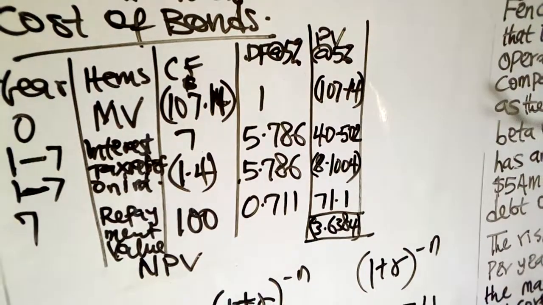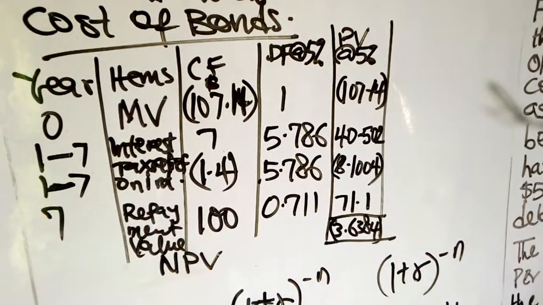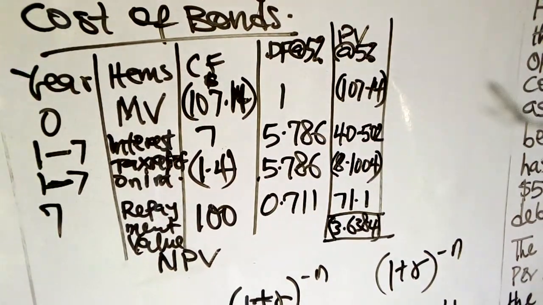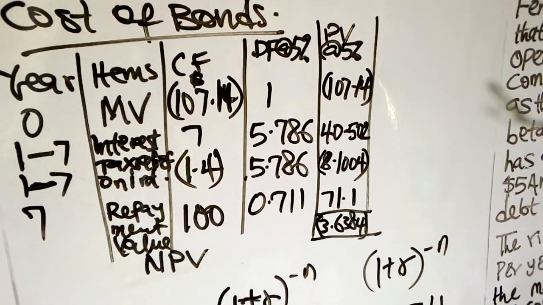Since that is negative, our first NPV was negative, so you will need another NPV that will be positive. For the purpose of the internal rate of return, two net present values must be calculated. One must be positive and the other must be negative.